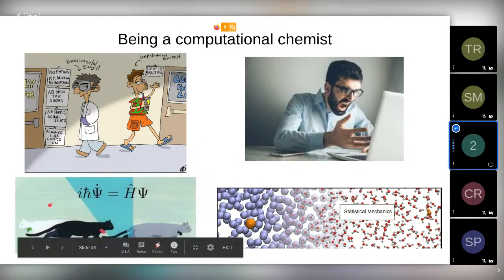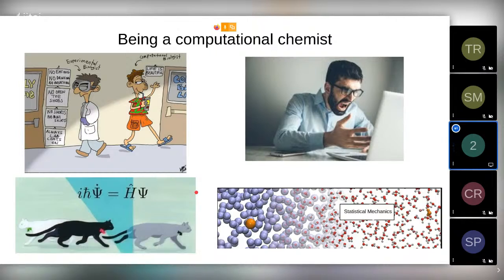Using this solid background of quantum mechanics and statistical mechanics will help you to solve your problems and help you understand where you are making your mistake, or why your research is not giving the optimum result you expect. So I hope the people among you who want to become computational chemists later on will really enjoy this process and solving new problems which are ahead of us in the future days.